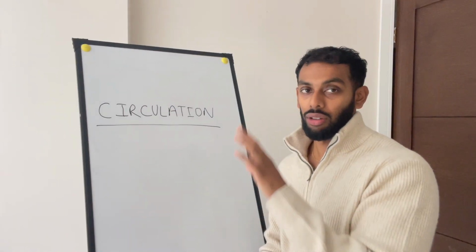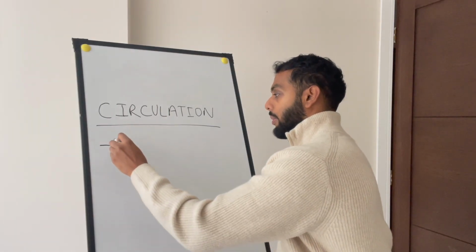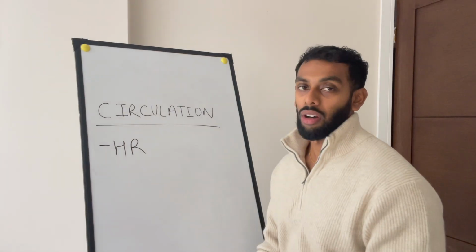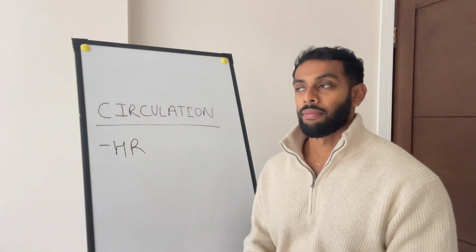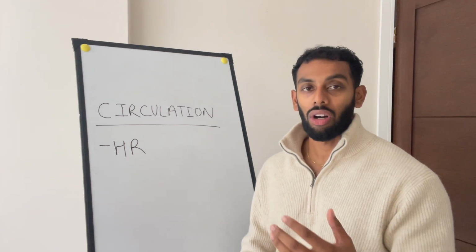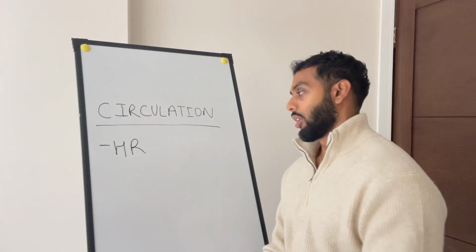The pump and the fluid. So the first thing we look at is the pump, the heart. What's the best way of seeing the heart function? The heart rate. So if the demand is really high and the heart has to work harder, what happens to the heart rate? The heart rate goes up.